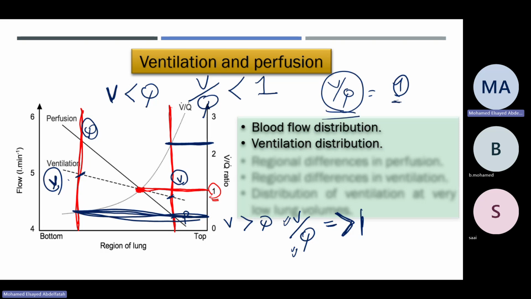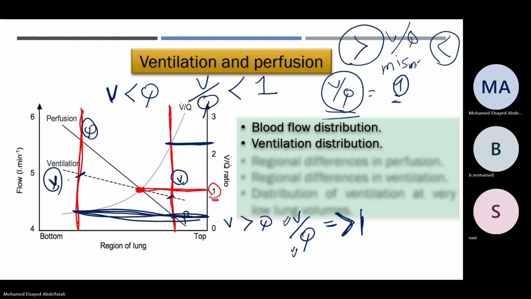If the VQ is more than 1 or less than 1, this is called VQ mismatch. So more than 1 is not good. Do you understand this, Sai and Batul? Yes. Okay, so any deviation from 1 is called mismatch.